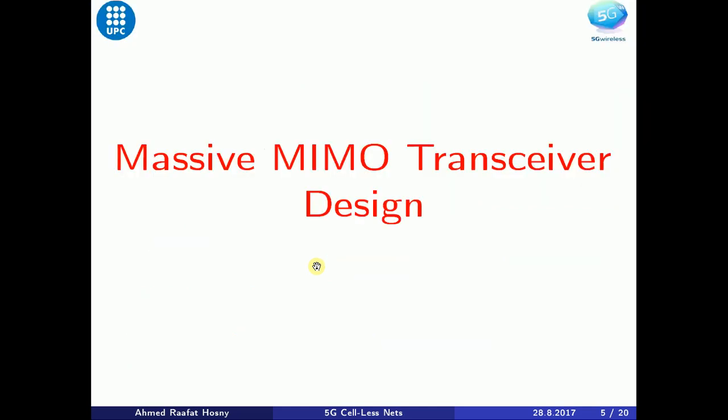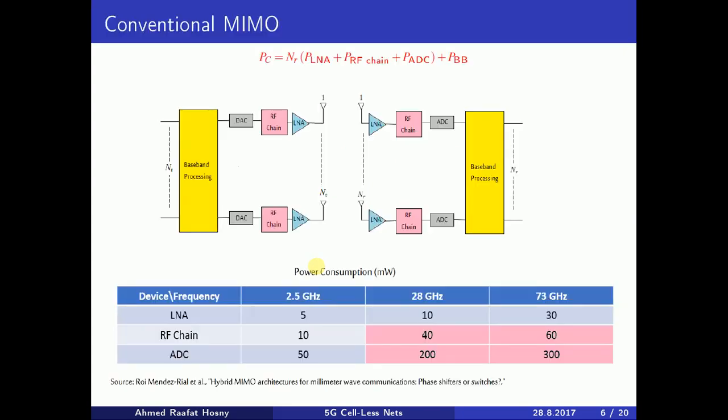The second constraint at millimeter wave is the massive MIMO transceiver design. In this figure, this is the conventional massive MIMO transceiver design based on a fully digital architecture, where each antenna at the base station and at the user terminal is connected to an RF chain and an analog to digital converter.